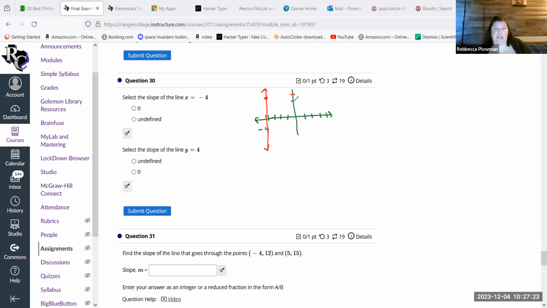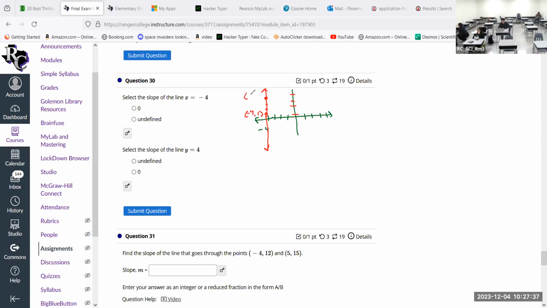Doesn't matter what y is. So this would be 1, negative 4, so your x is always going to be negative 4. That's all we want to make sure. So this gives us a vertical line whose slope is going to be undefined.